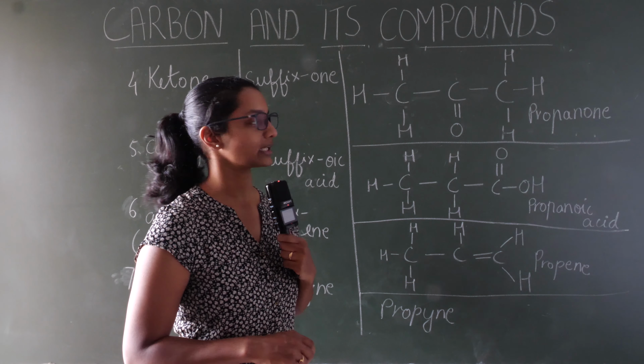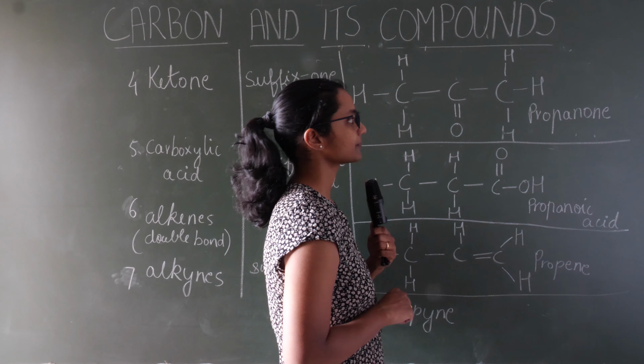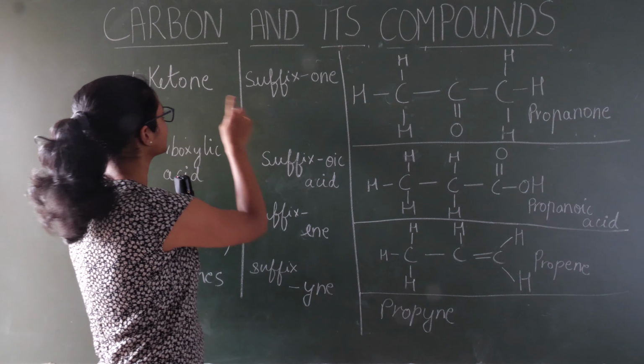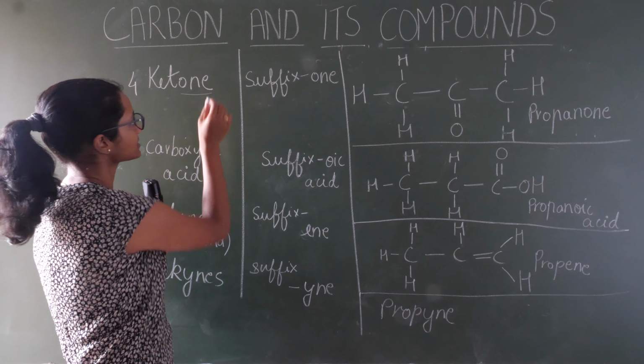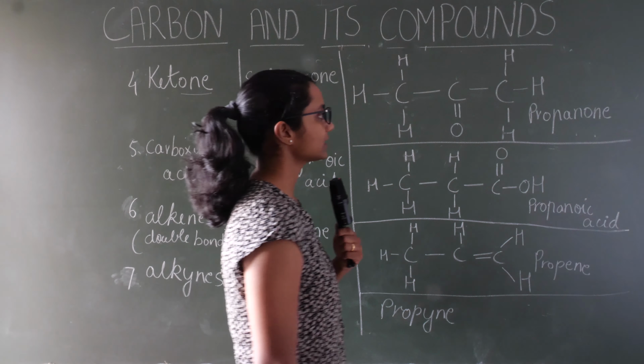So it's ANE, propane. And eliminate the E letter out from propane. So it becomes propan and attached with ONE because it's ketone, the last letters ONE, so it's nothing but propanone.